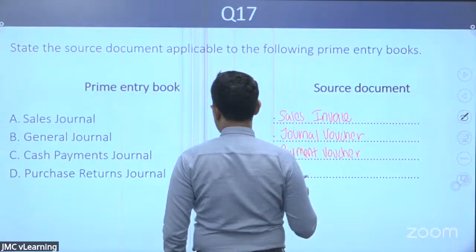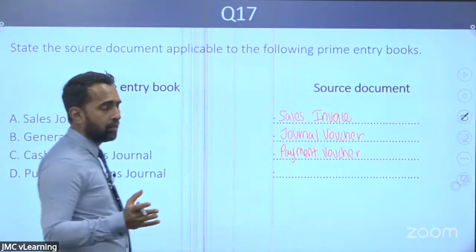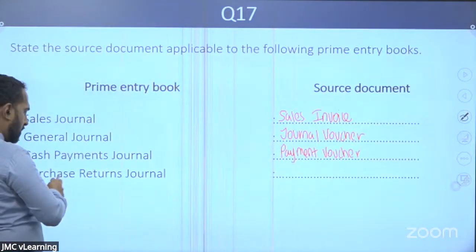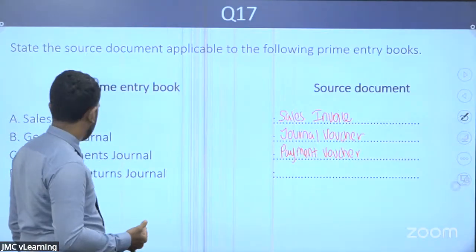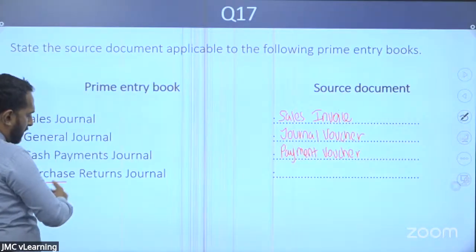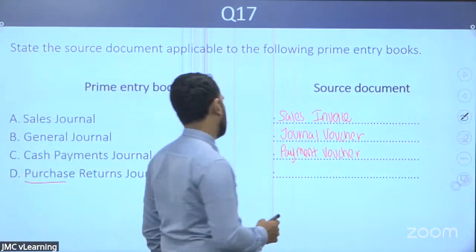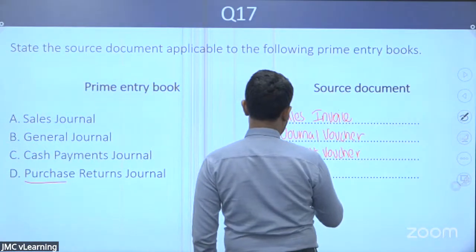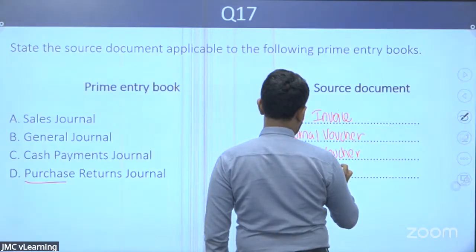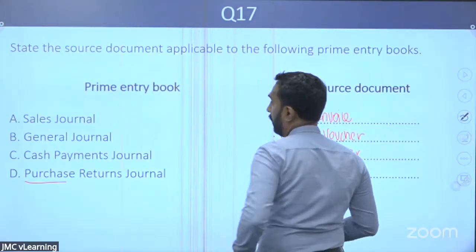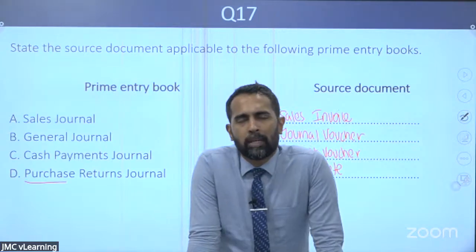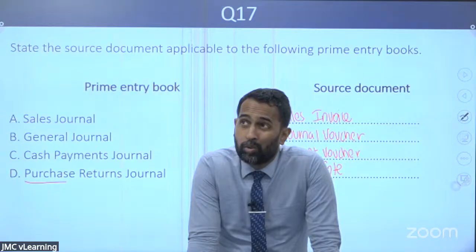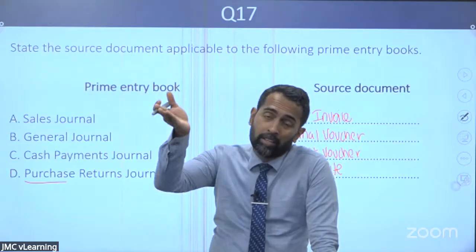Purchase return journal, it's very easy to remember. If it is purchase return, purchase is an expense, debit, no? Then it's a debit note. Purchase, debit. Purchase return, no? Debit note. The logic is the other way: you are purchasing on credit, so when you purchase, the creditors will increase.